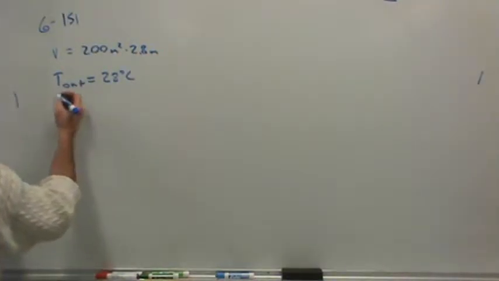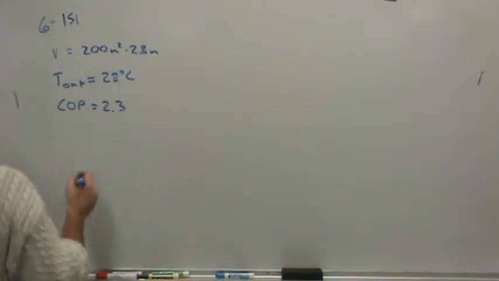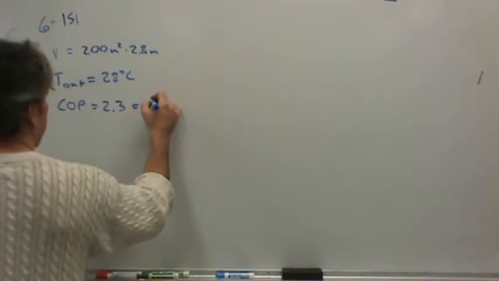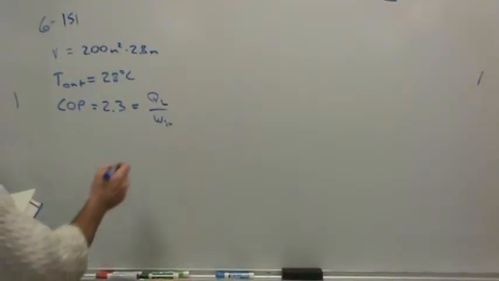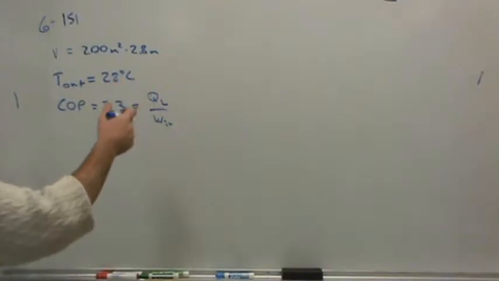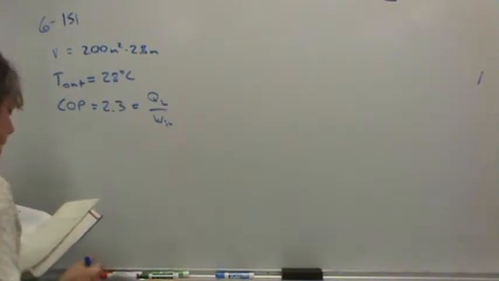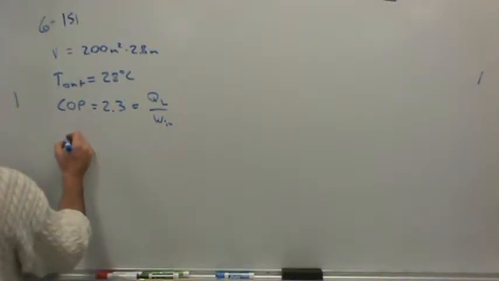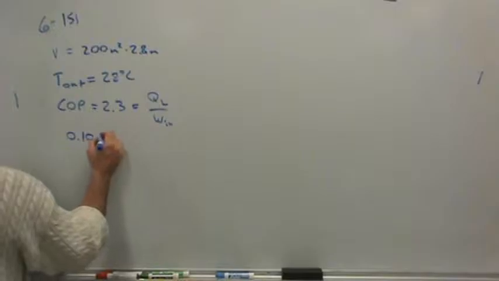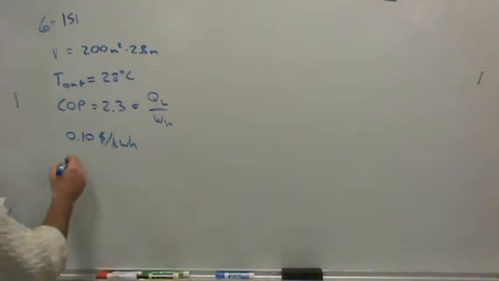And the coefficient of performance of the air conditioning unit is 2.3. And understand that is QL over WN, right? That's the ratio of the thermal energy pumped out of the home divided by the amount of work required to do that pumping. The electrical cost is $0.1 per kilowatt hour, which is the same thing as 10 cents per kilowatt hour.